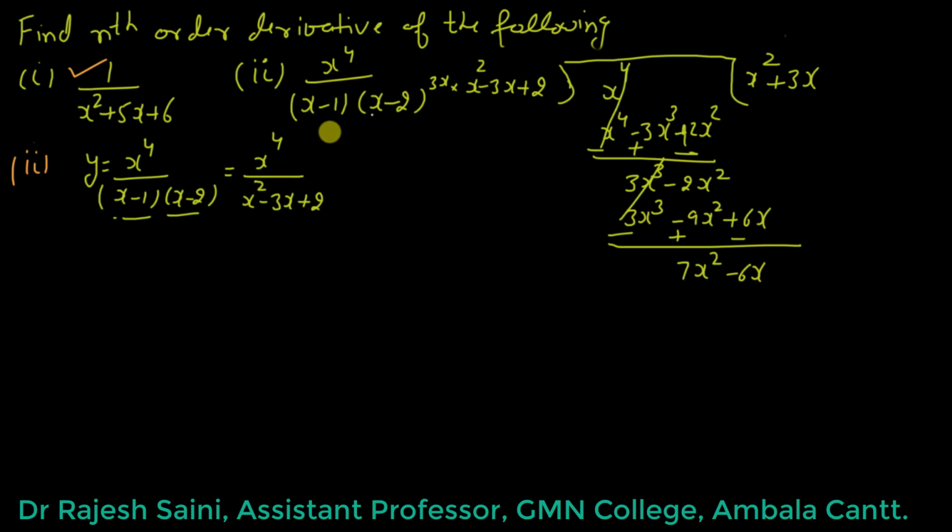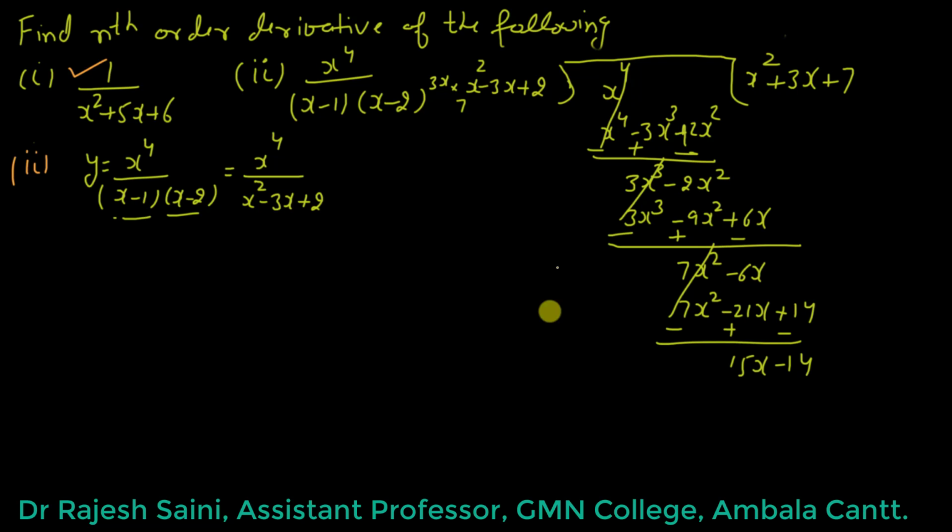Now it will go 7 times, so you multiply this with 7. It will be 7x square minus 21x plus 14. So this will be minus, plus, minus. This will cancel out, and it will be 15x minus 14.